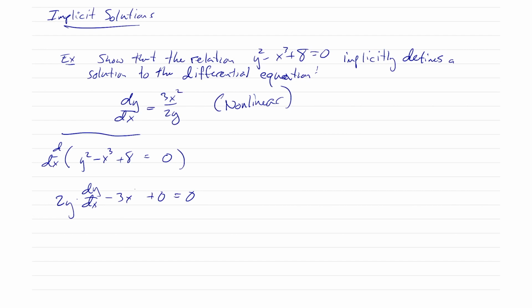Clean that up a little bit. Put a square there. Okay, now what we're going to do is solve for the differential equation. And we see that what we're left with is 2y dy dx is equal to 3x squared, and then we divide by 2y. So that's going to give me dy by dx is equal to 3x squared divided by 2y, right?